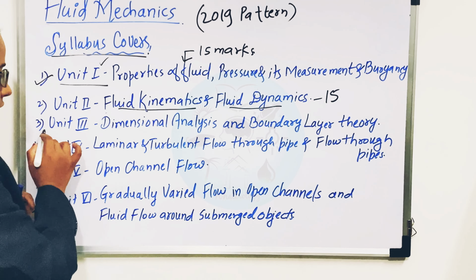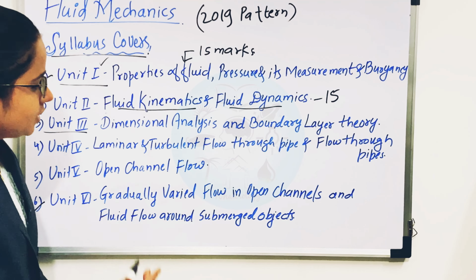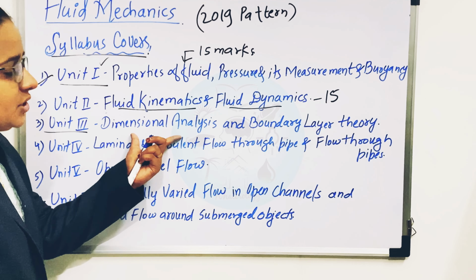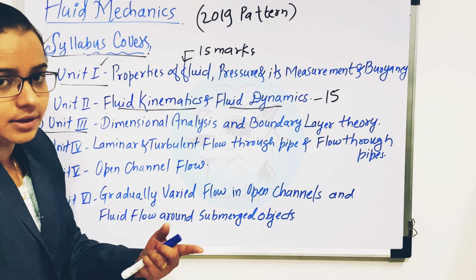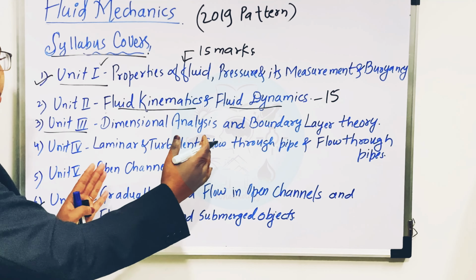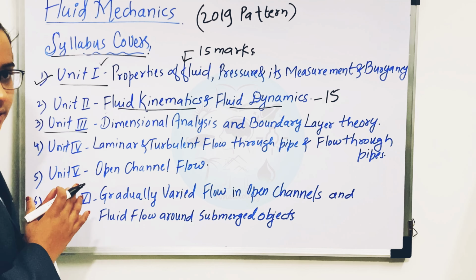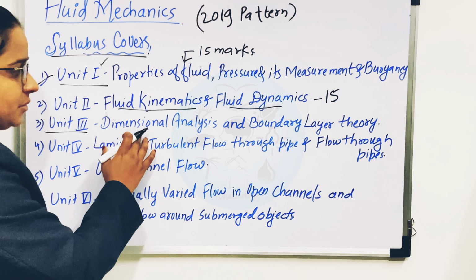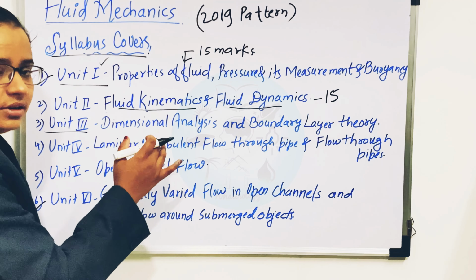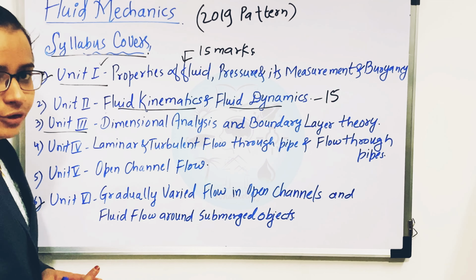Now third unit, unit number 3. Again this unit is divided into 2 portions. The first one is dimensional analysis and the second portion is boundary layer theory. Remember one thing, these 2 portions are very much different, but they are part of the third unit, right? So dimensional analysis, that is DA, will be chapter 1, and boundary layer theory will be chapter 2 of unit number 3.